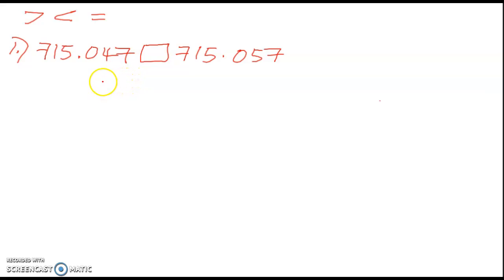So when we align these decimals, see to it that their decimal points are aligned just like this. This is the decimal point of the first decimal number, and this is the decimal point of the second decimal number.